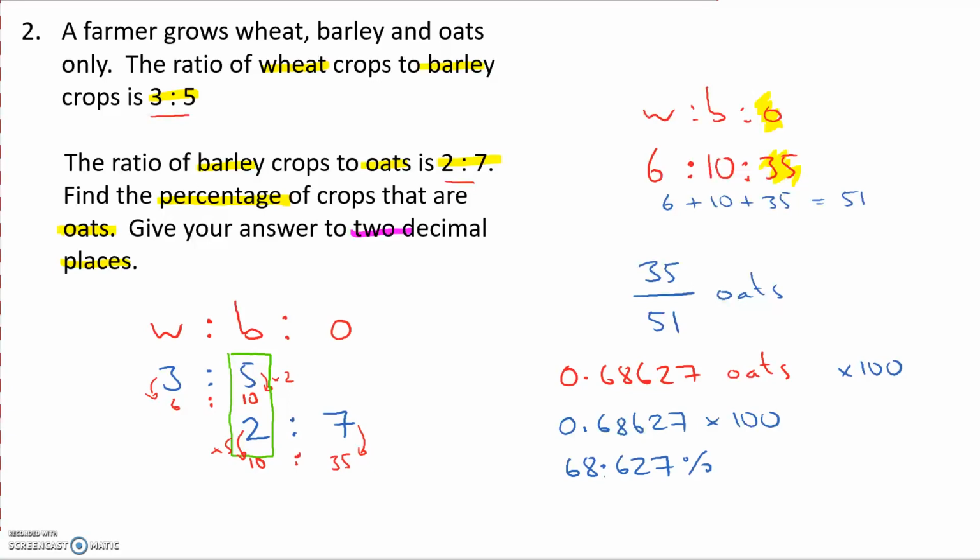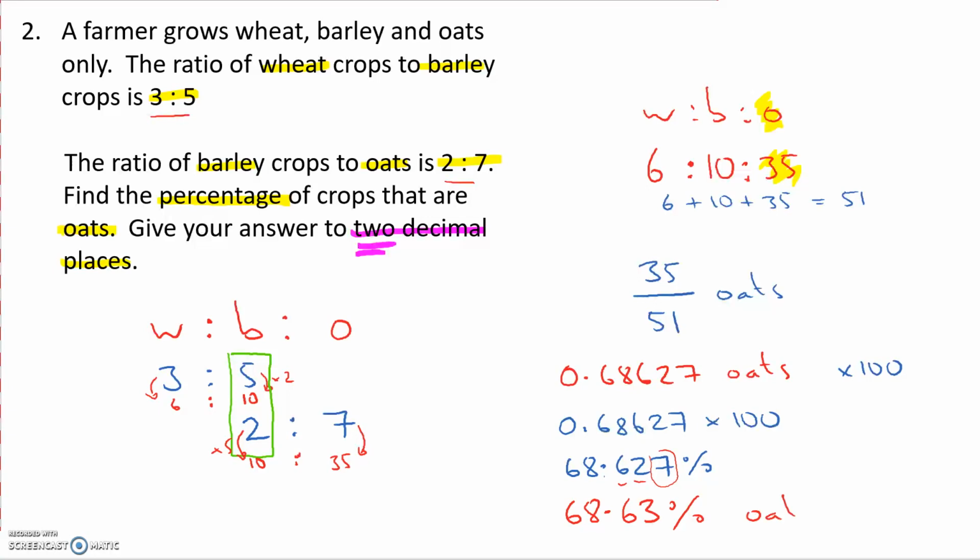Right, give our answer to 2 decimal places. Not significant figures this time, 2 decimal places. So we need a 68 point, first decimal place, second decimal place. Here's my decider. It's a 7, so we're going to get 68.6, and that 2 is going to round up to a 3%.